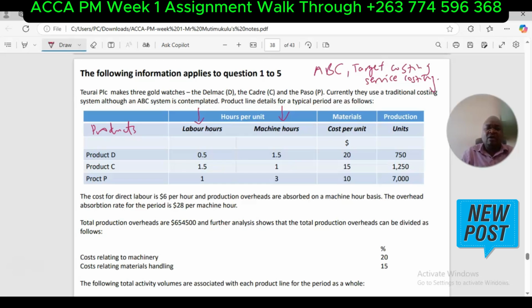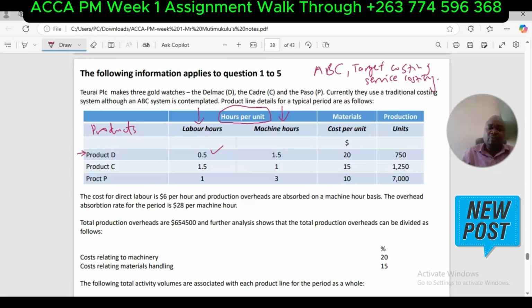So for example, if you are in the row of product D, it means product D requires 0.5 labor hours per unit, obviously, because we are told that these are hours per unit of the product. So to produce 1 unit of D, you need 0.5 hours, like 30 minutes.